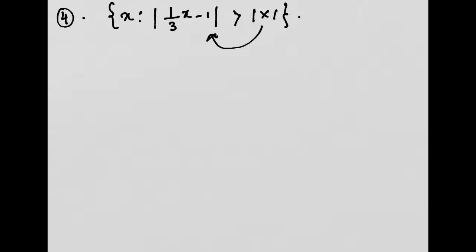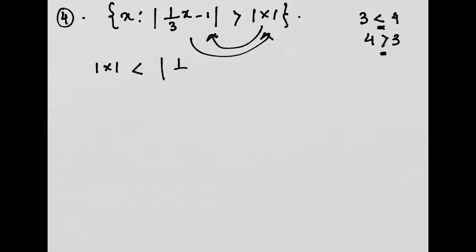Simply remember, if I write 3 less than 4, when interchanging I have to write 4 greater than 3; the inequality sign will change. So I write mod x less than mod of 1/3 x minus 1.